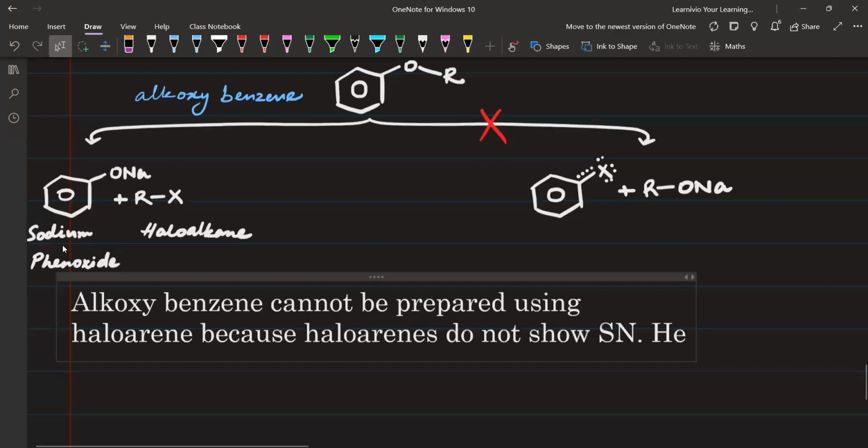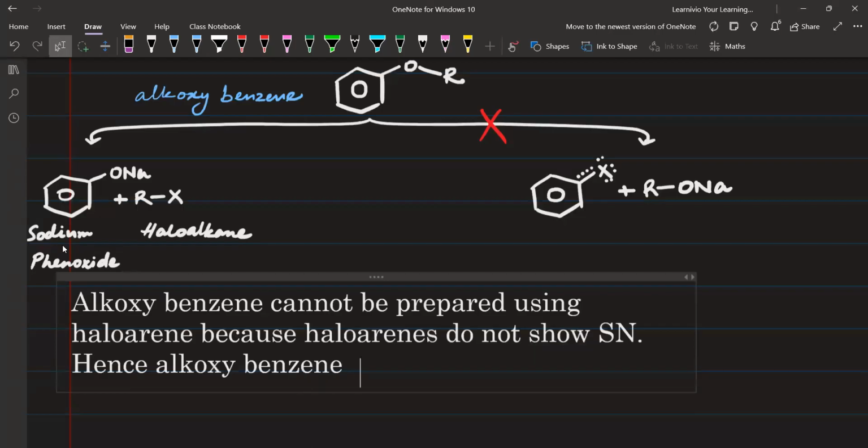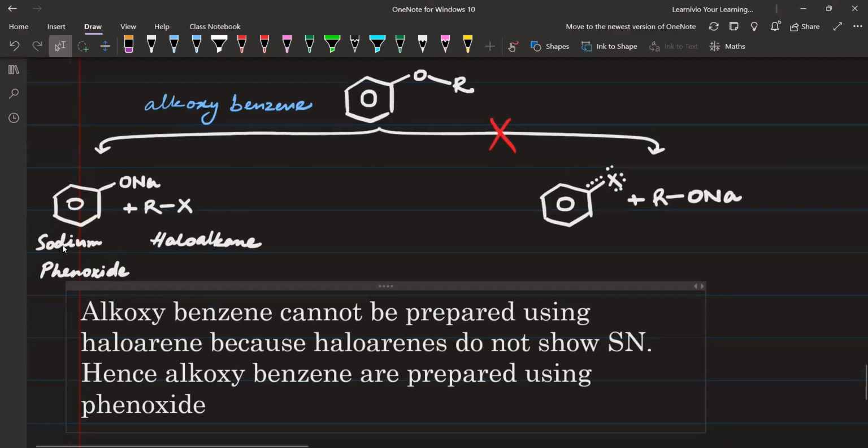Hence, alkoxybenzenes are prepared using phenoxide, sodium phenoxide specifically, and haloalkane. Does this make sense? Yes or no? Please tell me. Yes.